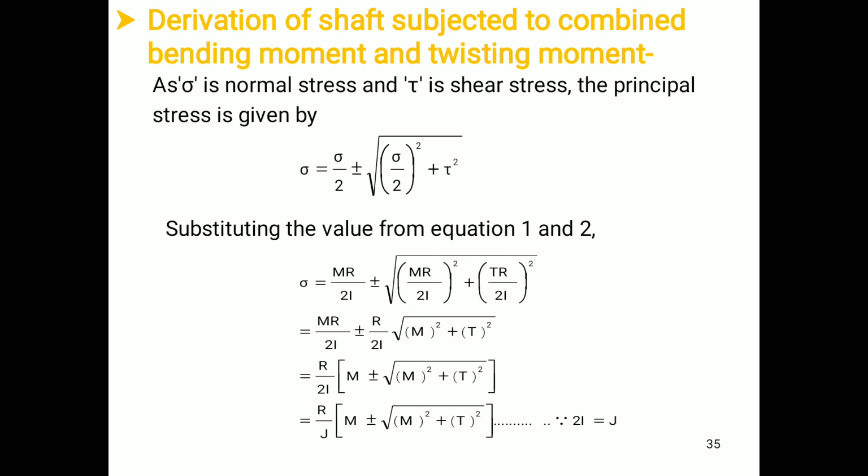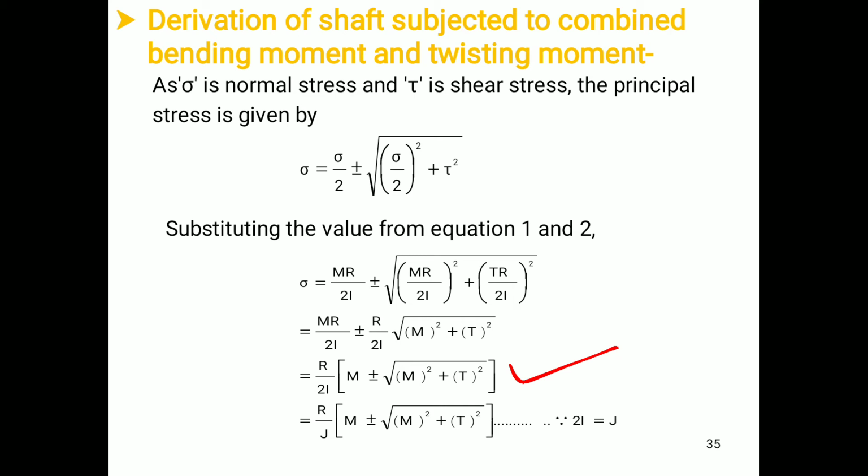So we have M R upon 2I plus minus R upon 2I under root of M square plus T square. Again, in this equation we have R upon 2I as common. Therefore, we will have R upon 2I into the square bracket M plus minus under root of M square plus T square.